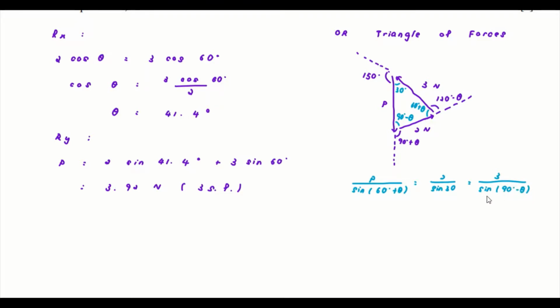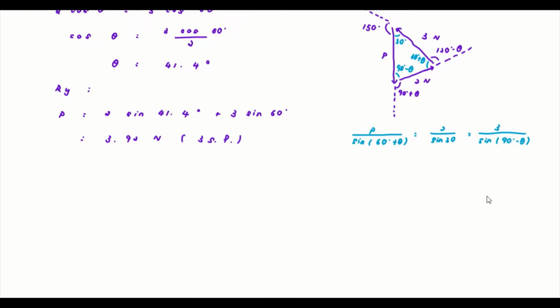So by looking at this, the ratio where you have all the information is this one. You can always take this first so that you can solve your theta. After you solve theta, then you solve P. So I have 2 over sine 30 is equal to 3 over sine 90 minus theta.